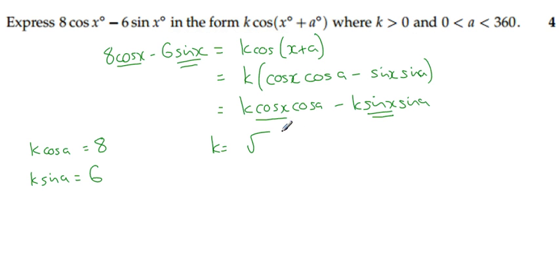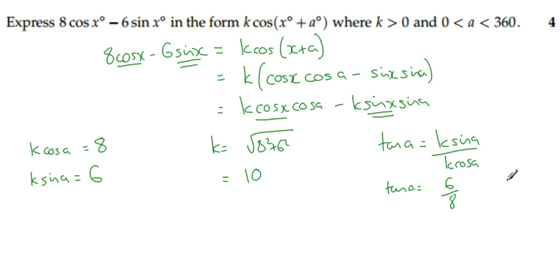K is the square root of 8 squared plus 6 squared, which is 10. And tan a is k sin a over k cos a. Okay, so tan a is equal to 6 over 8.